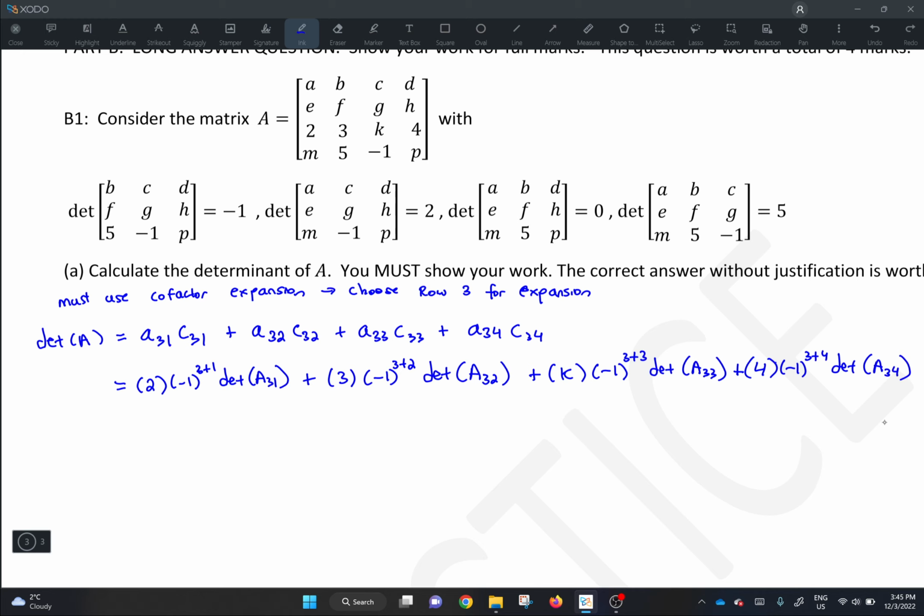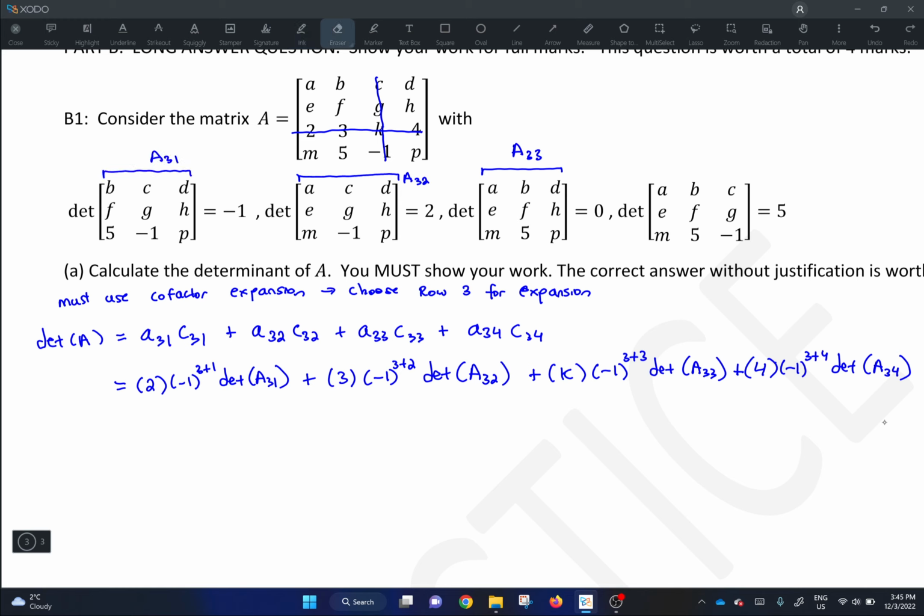So let's check what's A33. Cross out row 3, column 3: A, B, D, E, F, H. So this matrix here, that's A33. We already determined that we have A32 and A31.